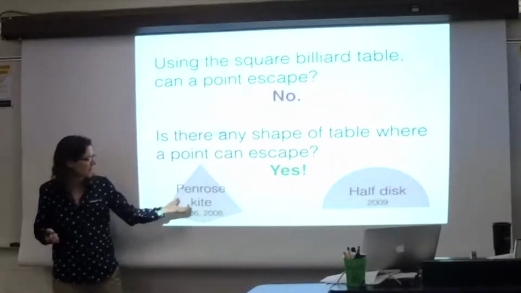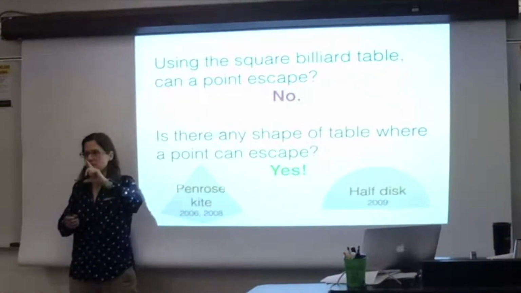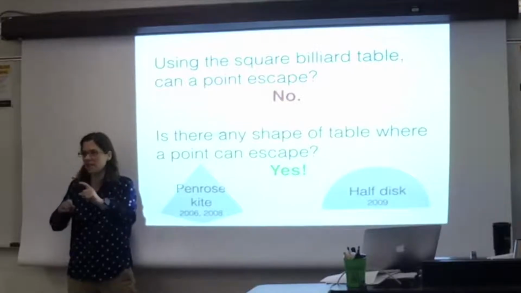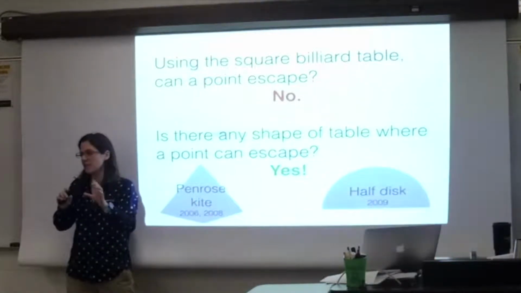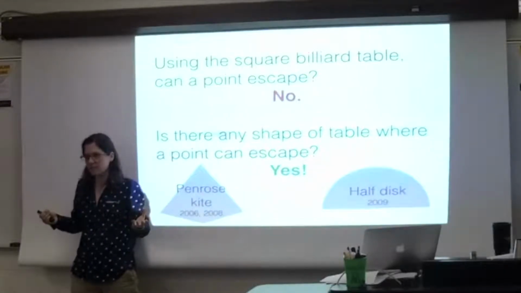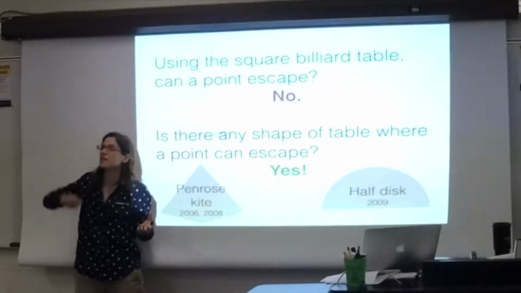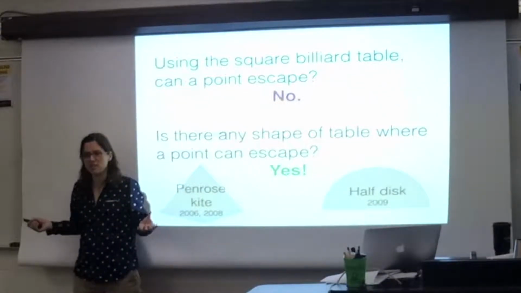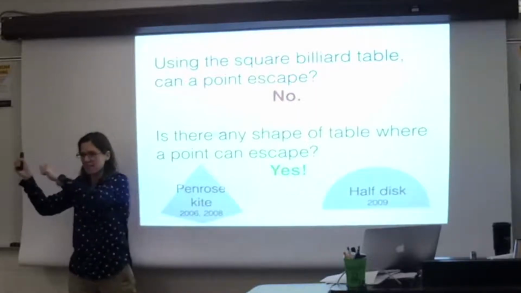So it's this tiling of kites, a kite is this kind of shape, and a dart, which is like the Star Trek symbol. And they have markings on them so that if you fit them together, they only tile the plane non-periodically. So a periodic tiling is like the square tiling that's on the ceiling, and a non-periodic tiling is one that you really couldn't make wallpaper out of at all. You can't just make a stamp that repeats.